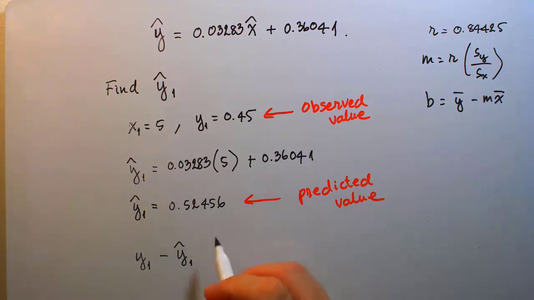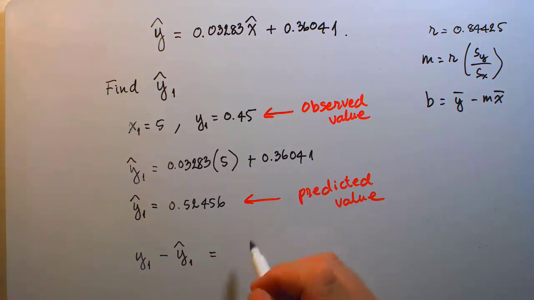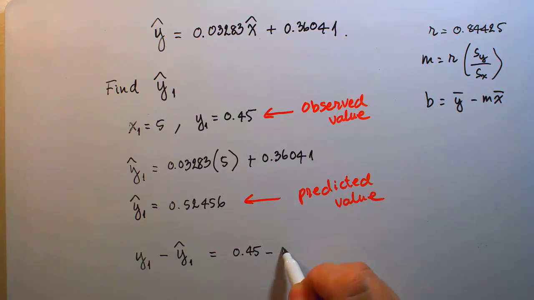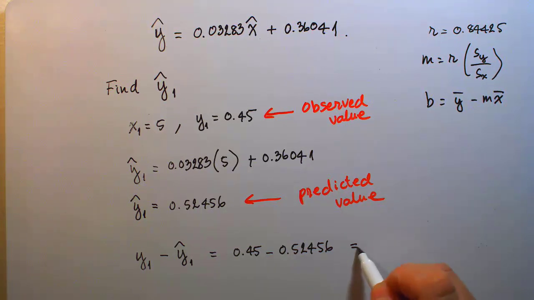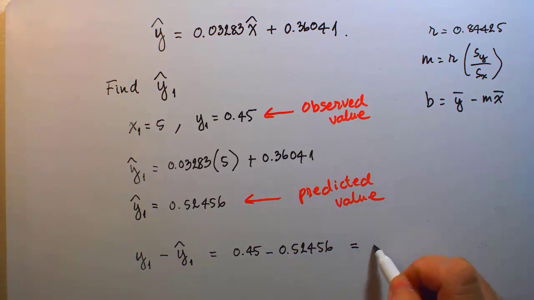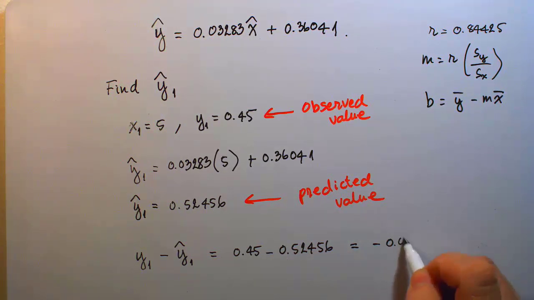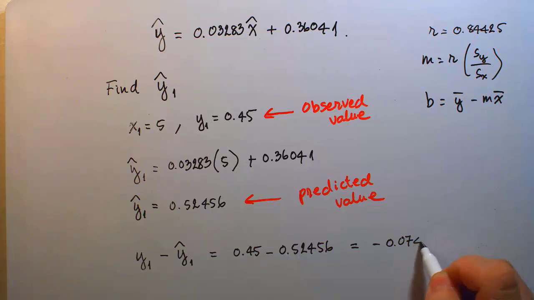So here we're looking at 0.45 minus 0.52456, and the calculation comes out being negative 0.07456.